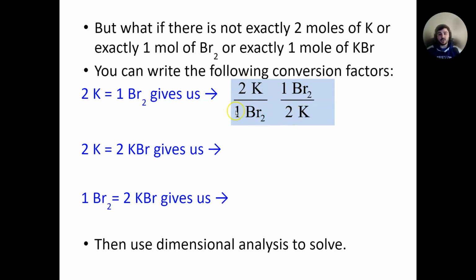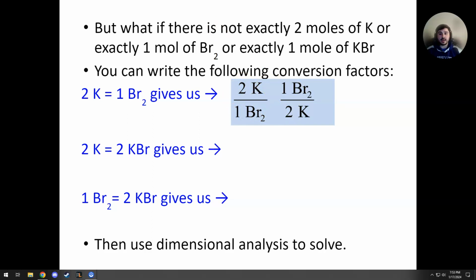And again, as soon as you get the 1 fraction, you can flip it to get the other fraction. Just to make sure we're on the same page here, 2K divided by 1Br2 is the same thing as this one. And then in order to get the proper second one, you basically switch sides, right? The 2K goes on the bottom and the 1Br2 goes on top to create this one right here, okay?